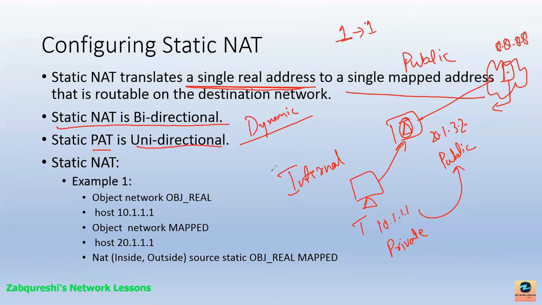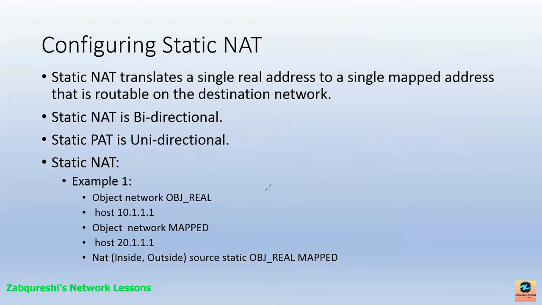So what that means is, for example, let me just clear this drawing and let me start with a new one. For example, in the dynamic NAT, I had a PC inside which wanted to reach the internet. So this is my firewall, and it has a connection to the internet, and somewhere in the internet I have a Google DNS server which my internal PC wants to reach.